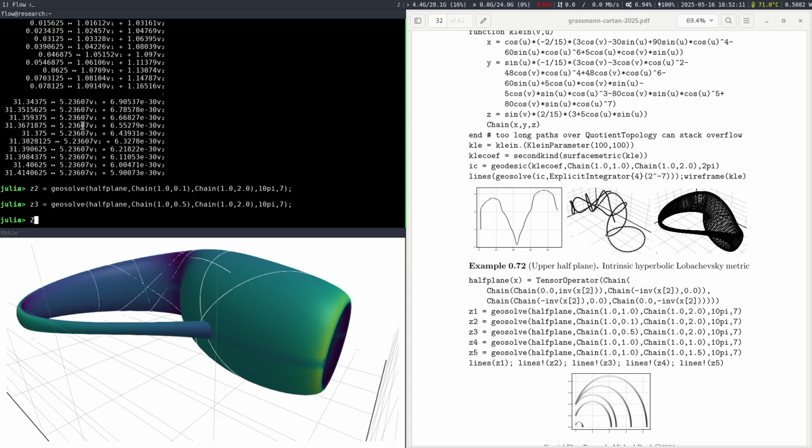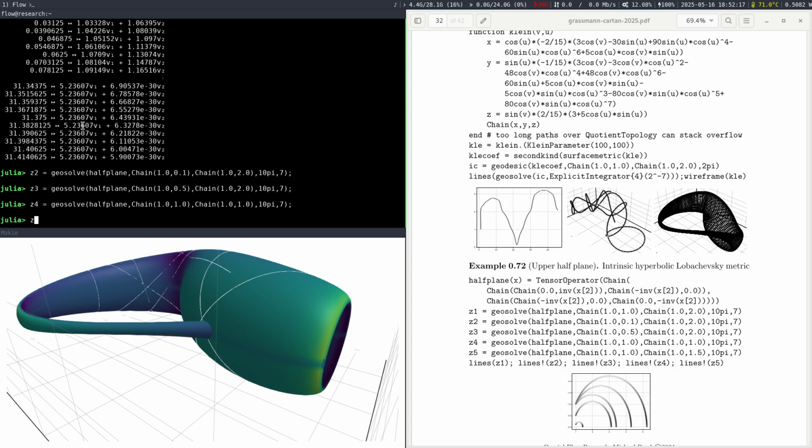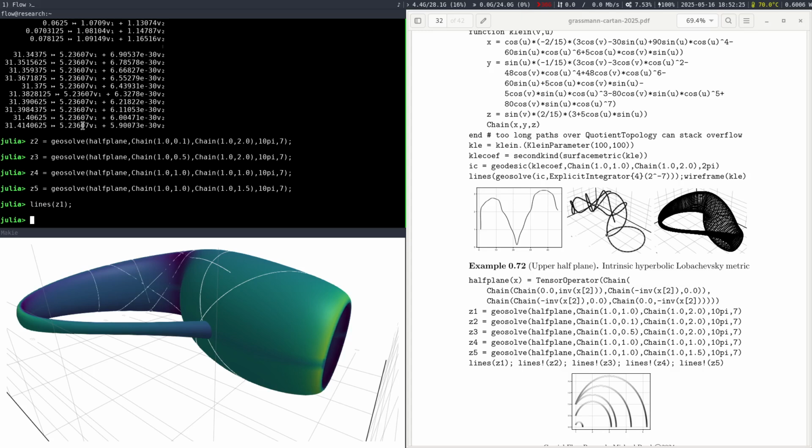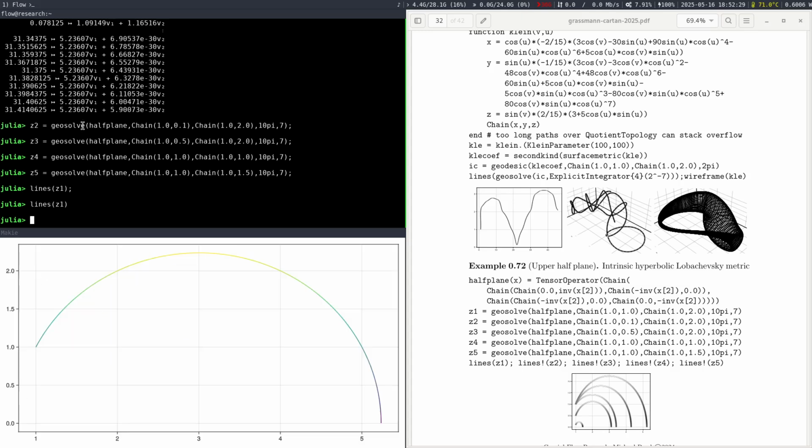Oh, do I not have Z4? Oh, was that capital? Oops. Z4. Z5. All right. So we can put lines of Z1. Oh no, we don't want to put a semicolon afterwards. Suppresses the plot.